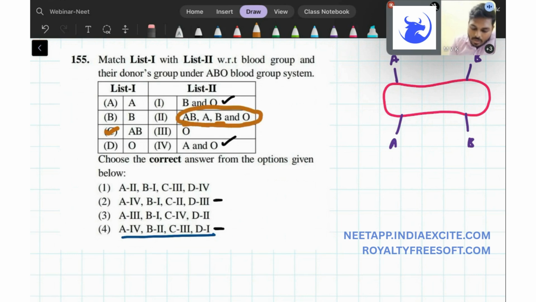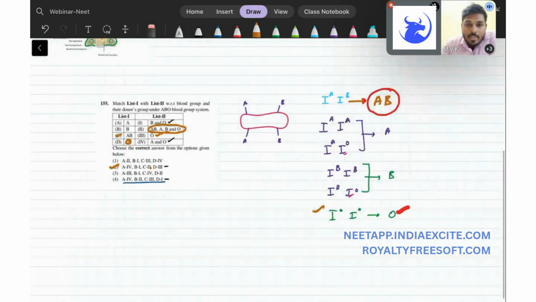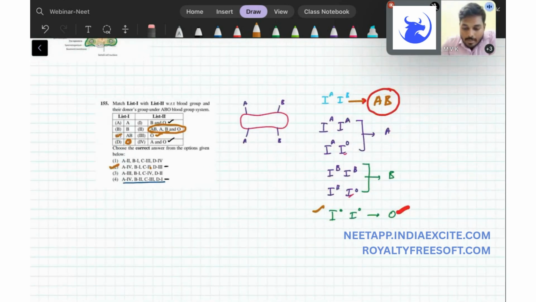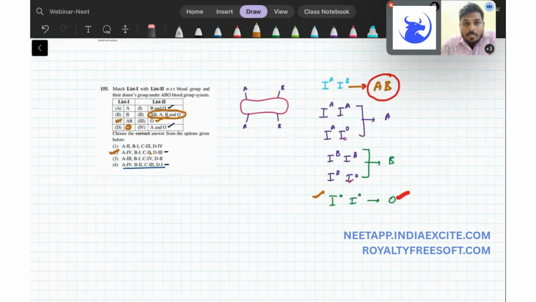So C with respect to 2. And what is D? O blood group. They can receive from only O. So the correct response is 2 here. I hope there is no doubt in this case. I hope this solution helps you in any degree.